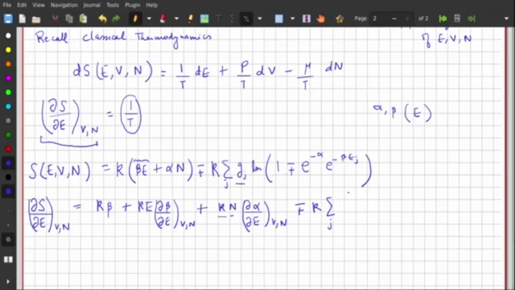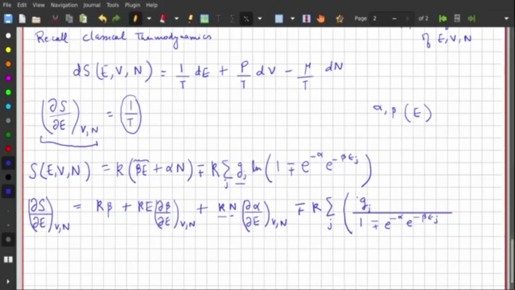So if we take the derivative of the log, that will become 1 over, let me write the denominator first, 1 minus plus e to the power minus alpha times e to the power minus beta epsilon j. So that's the derivative of the log, in which we kept gj constant, so gj goes in the numerator.